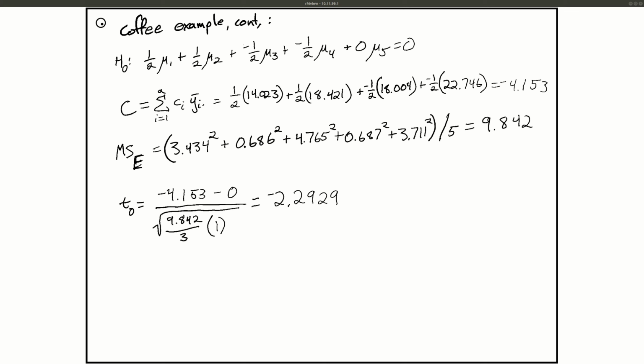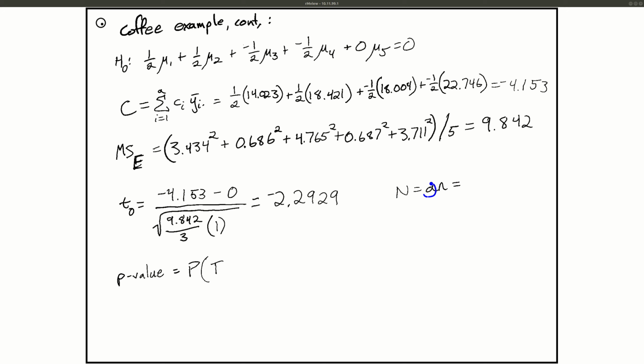So what is our p-value here? So our p-value for this test is the probability that we would observe a random variable that follows a t distribution that has big N minus a degrees of freedom. How many is that? Well, let's figure that out. So we have big N equals a times little n.